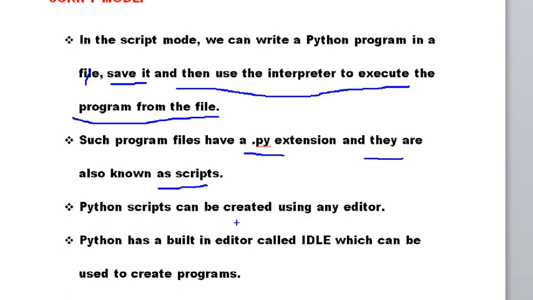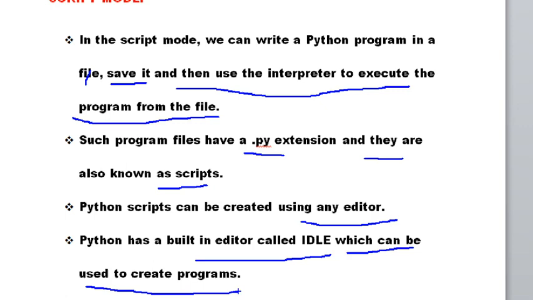Python scripts can be created using any editor, but Python has a built-in editor called IDLE, Integrated Development Learning Environment, which is there by default in Python and can be used to create programs.